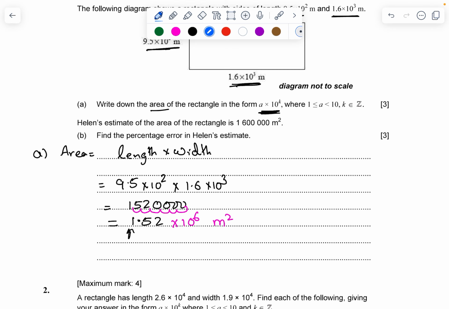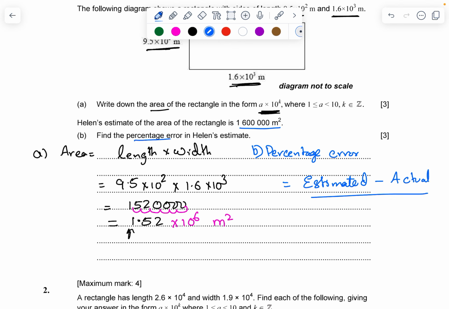Hence, estimate the area of the triangle is going to be this much. Find the percentage error. So percentage error equals the estimated value minus the actual value, divided by the actual value, times 100.